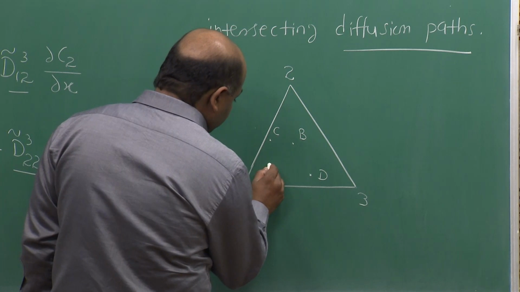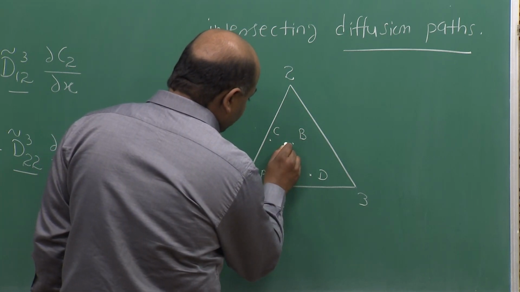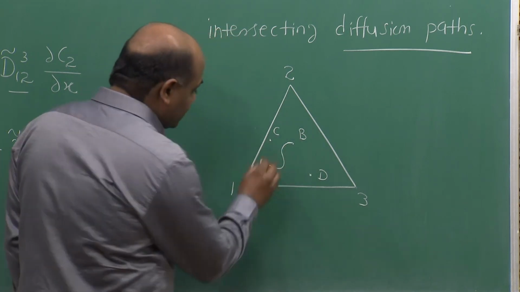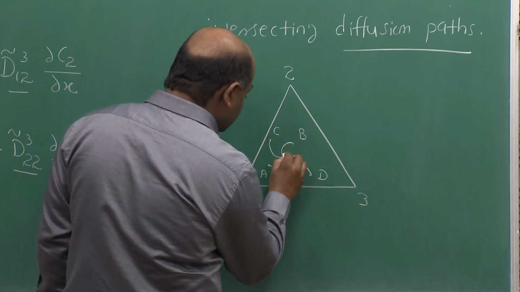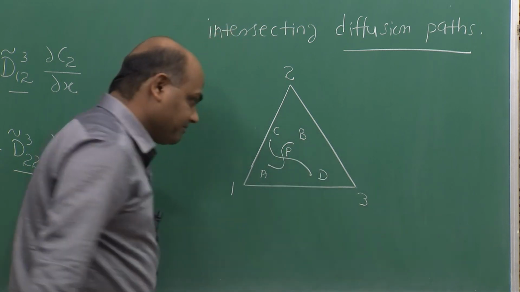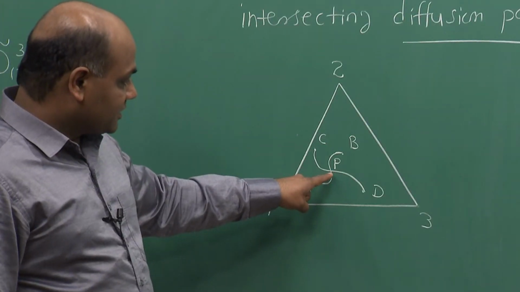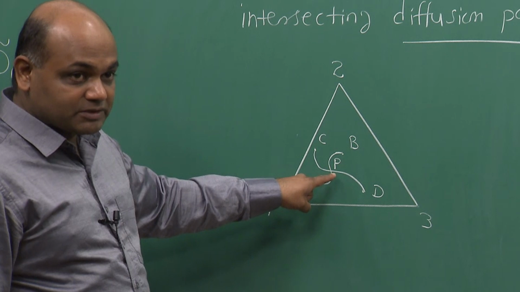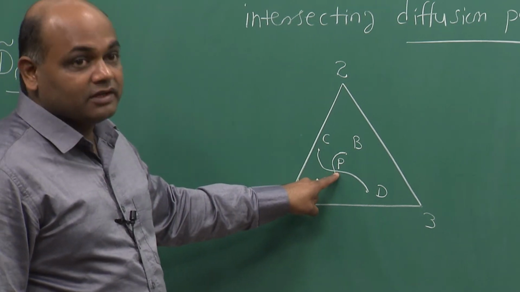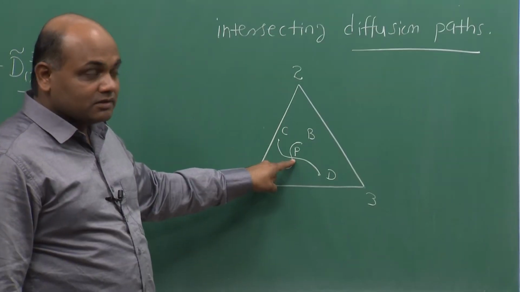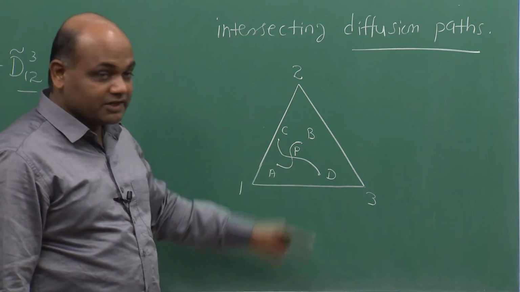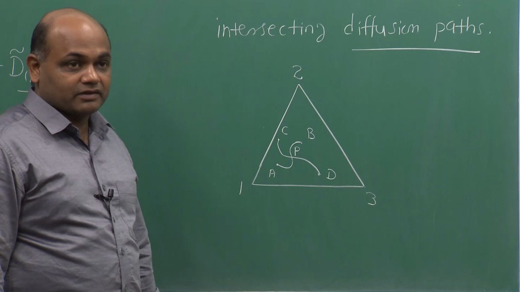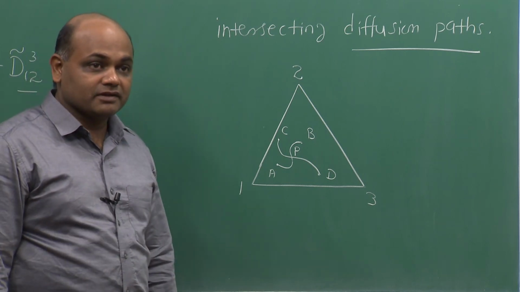So, this may develop an S-shaped diffusion path; both of them will develop S-shaped diffusion paths, and they will intersect at some composition. Let us denote this by P. The two diffusion paths are intersecting at point P, which means the composition P is common to both the diffusion couples AB and CD. And why is it important?